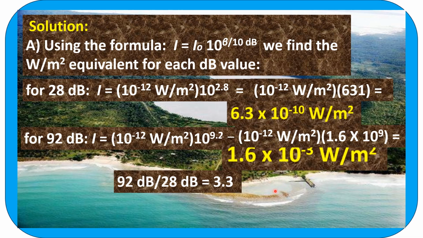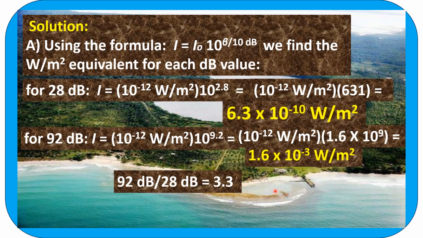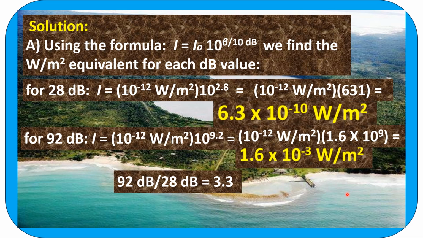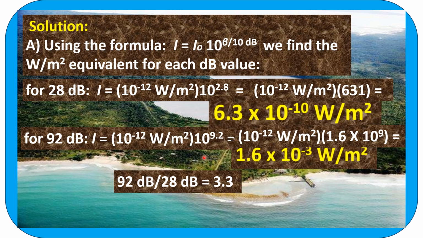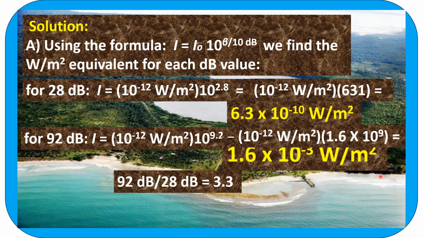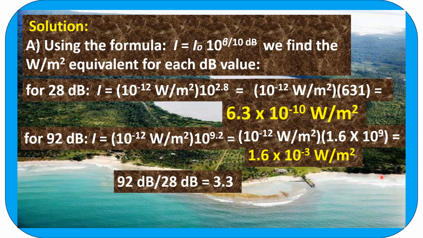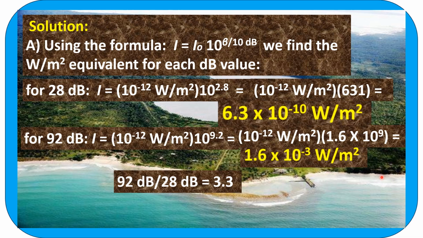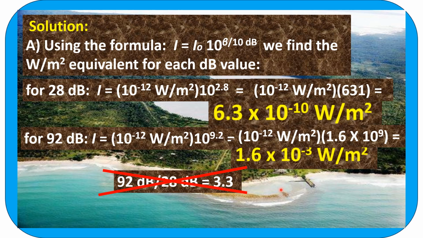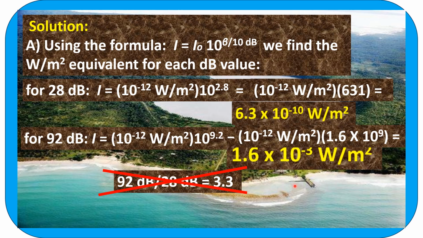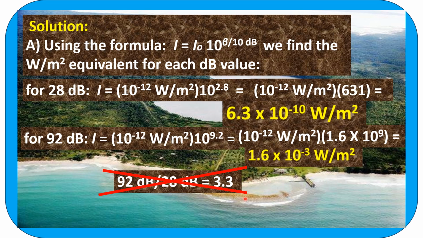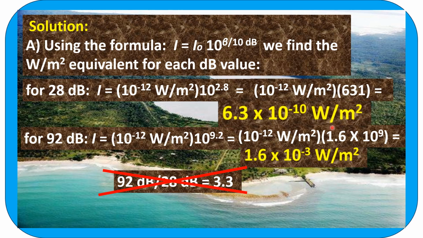Interval scales are actually measurements that do not have what we call absolute values, unlike ratio scale, such as intensity expressed in watt per meter squared, that is considered under what we call ratio scale. All right. So we say that dividing 92 decibels by 28 decibels for comparison, that is not acceptable.